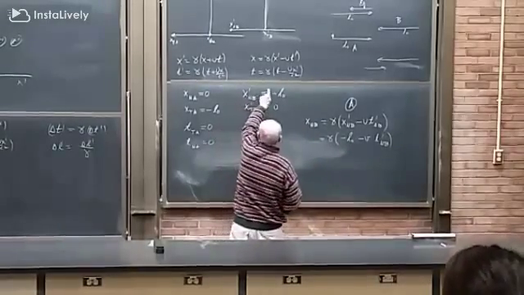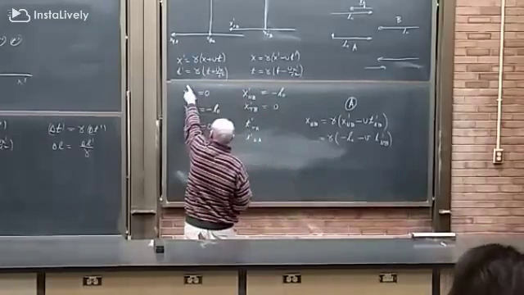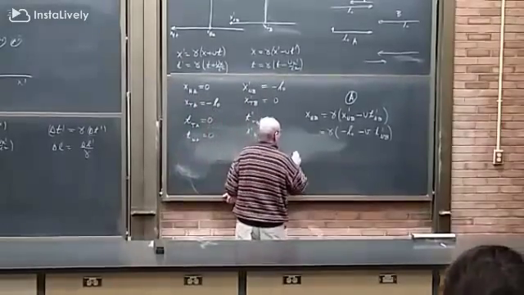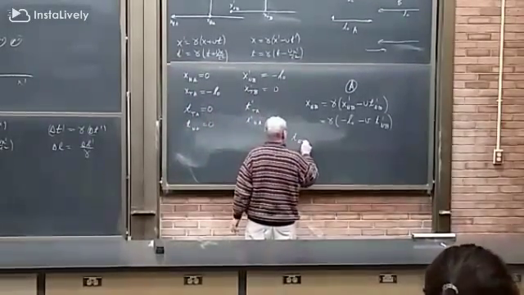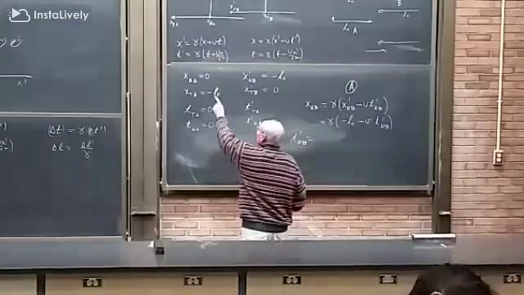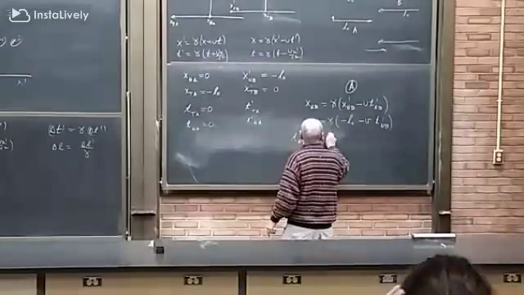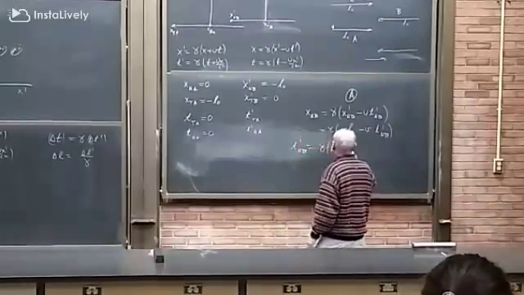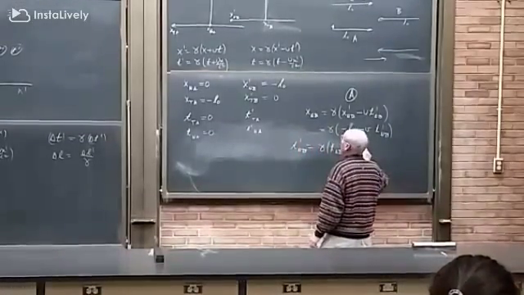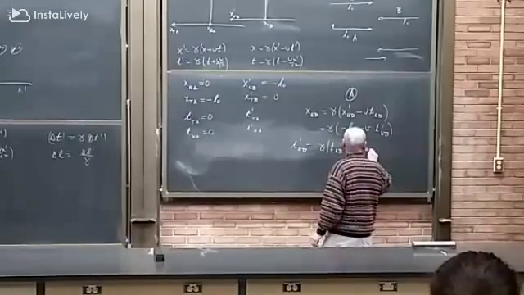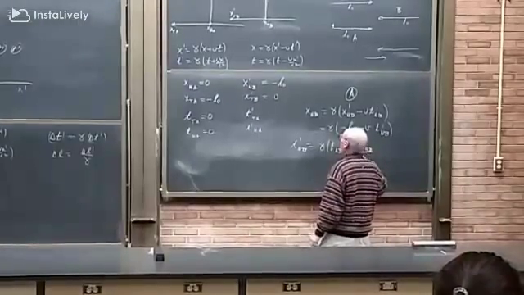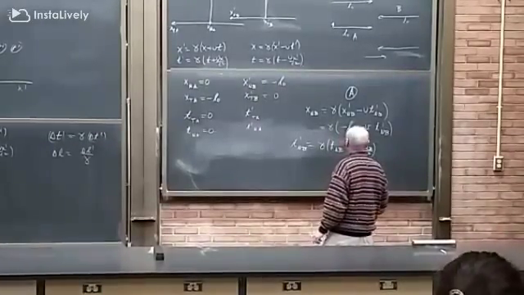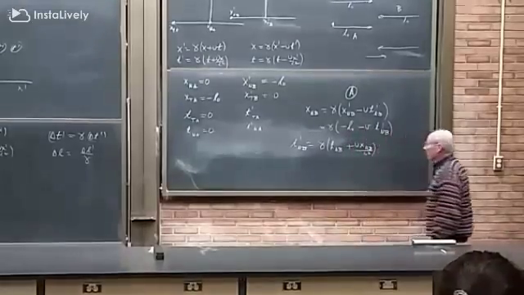So we go here. t nose B prime is equal to gamma (t nose B plus v x nose B divided by c squared).